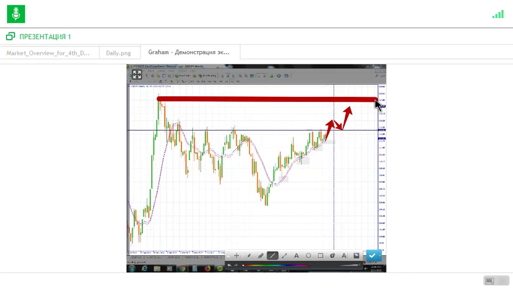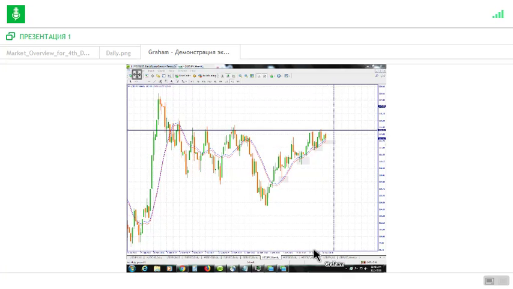So this resistance should be somewhere here. This is the correct place on the weekly chart. On the weekly, that is the correct place to take the profits. So you could buy now up to this place, 114.05, wait for price to break even higher, then a retracement before you go further upwards.